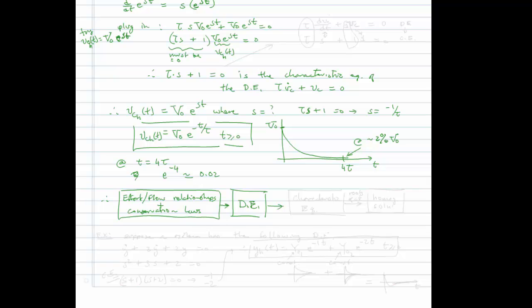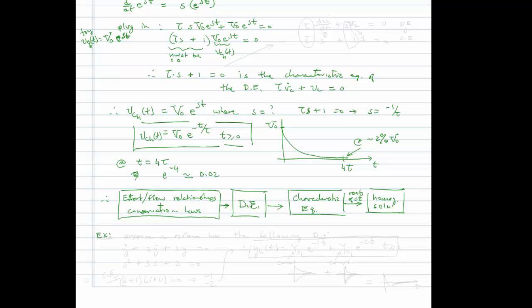We can then go from the differential equation to the characteristic equation, and from there, through the roots of the characteristic equation, we arrive at the homogeneous solution. And this is general for any domain, any differential equation that represents any physical or even non-physical system.